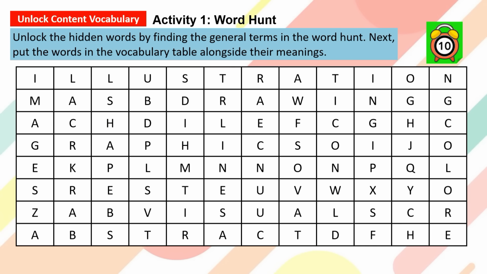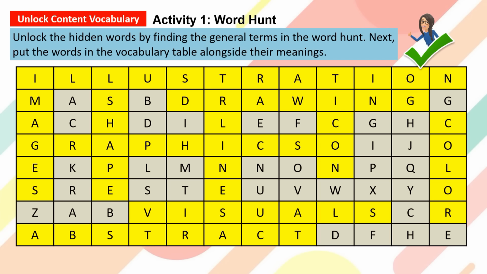Before going to the lesson, let's unlock the hidden words on this word puzzle. Unlock the hidden words by finding the general terms in the word hunt. Next, put the words in the vocabulary table alongside their meanings. Let's check your work.